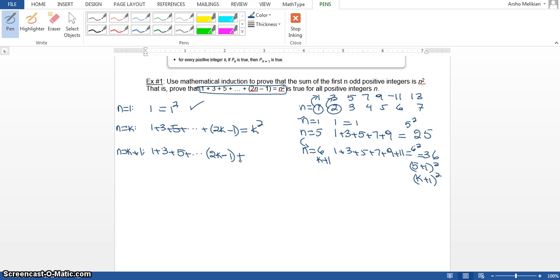Just like here, we added 1, 3, 5, 7, 9, and then we inserted one additional number. That's what we're going to do here. We're going to insert one additional number. So what's that number going to be? It's going to be plus 2 times, not k, but k plus 1, minus 1.